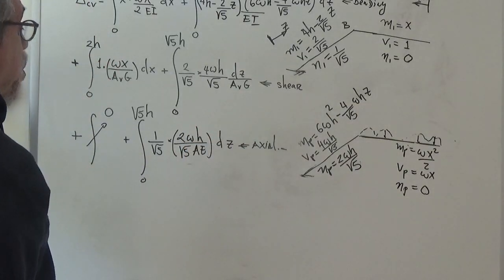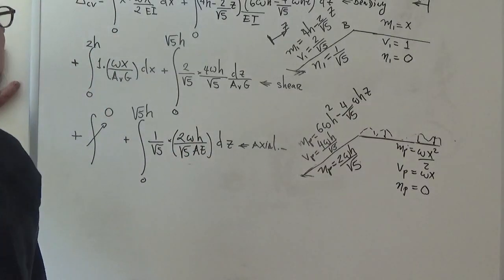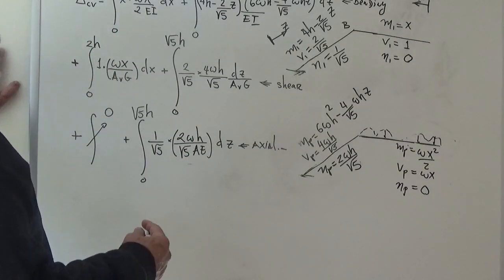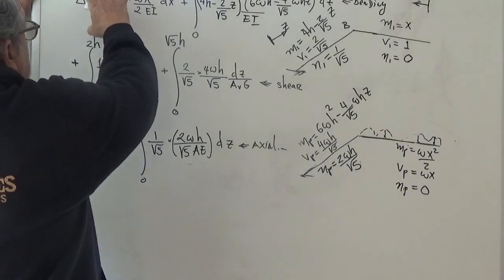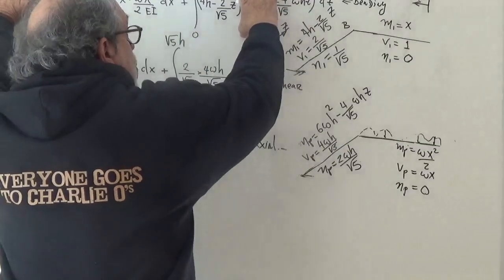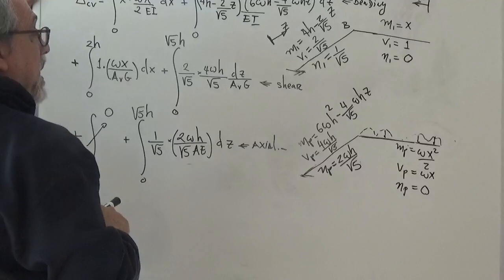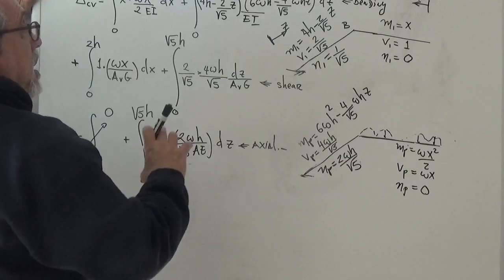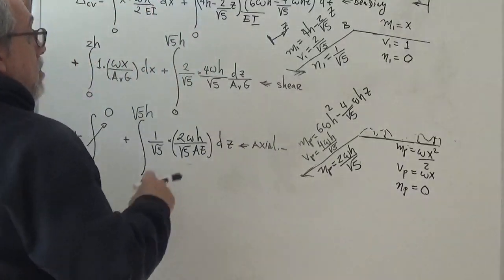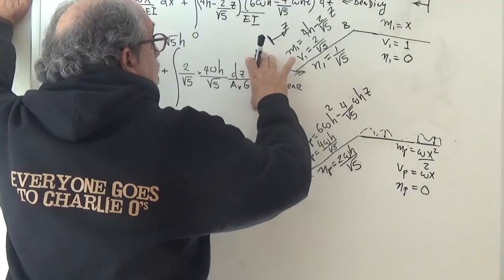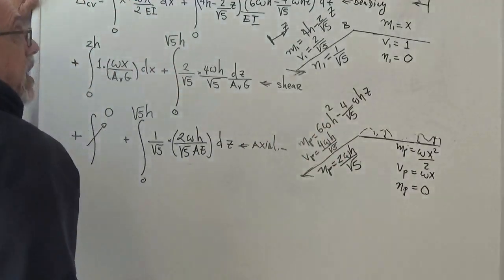If we actually had numbers for W and H and A and E and I, and we computed an actual value, what we would expect to get is that of this deflection, which comes from the addition of axial, bending, shear and axial, the bending would probably be 98%. Maybe the shear would be 0.5%, and maybe the axial would be 1% or something like that.